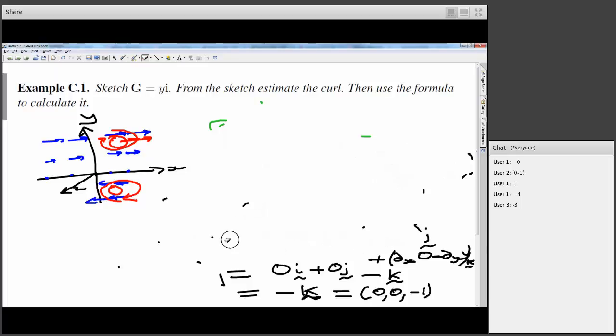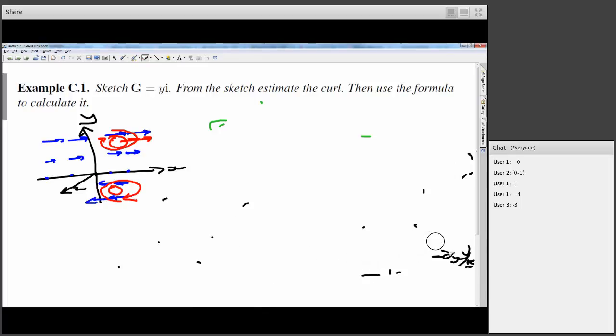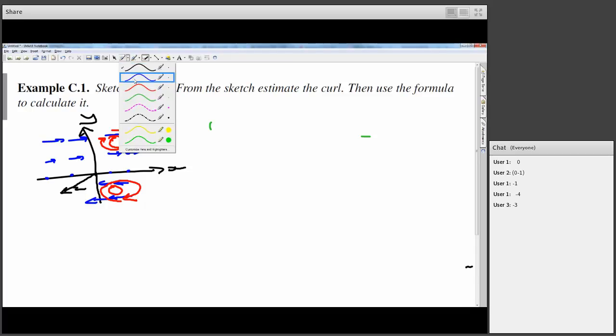Just rubbing out stuff here. Okay, that's good, close enough. So again, what we do is we consider a box somewhere, and we want to consider how much is flowing in and out. You can see in this case, the arrow coming in and the arrow going out have the same length.